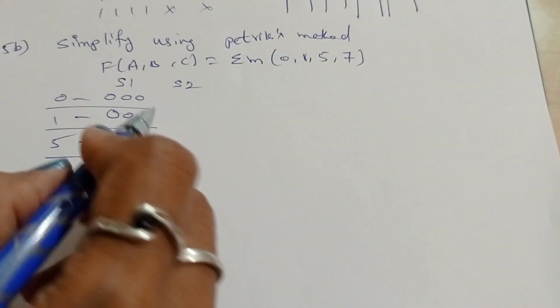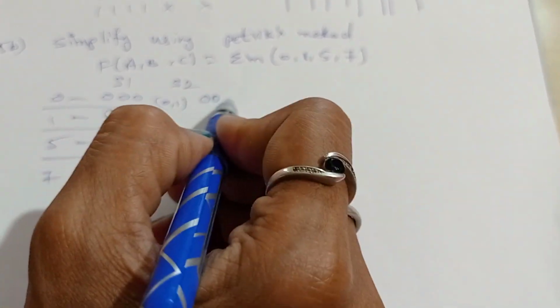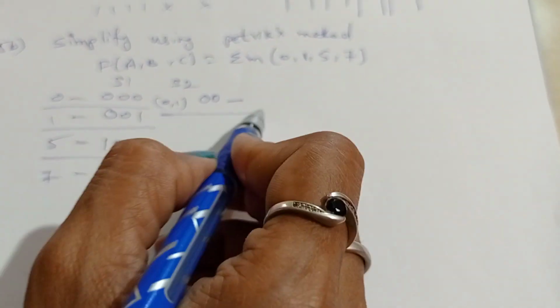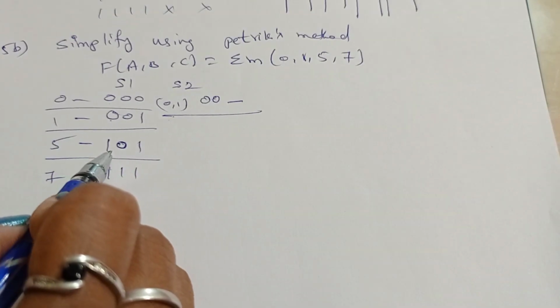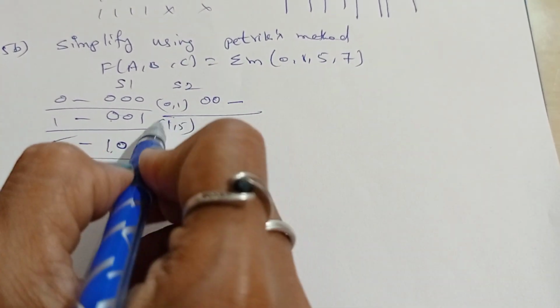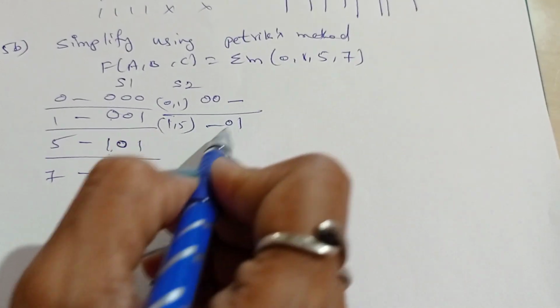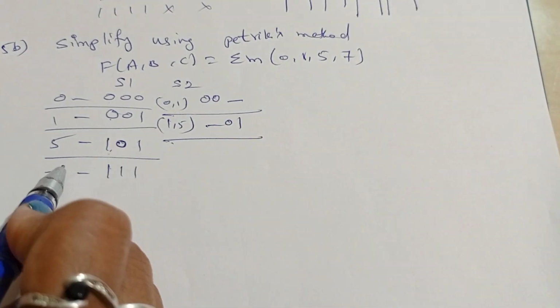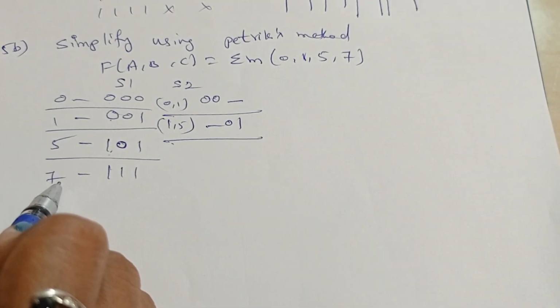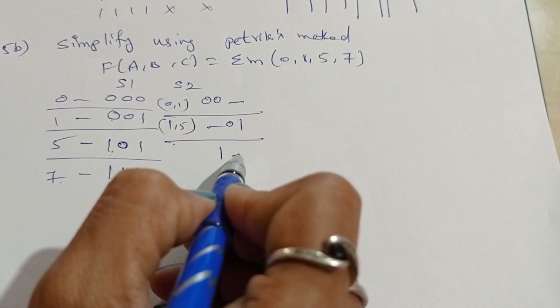This is stage 1. Now go for stage 2. So 0 with 1, 0 0 hyphen. Next 1 comma 5, hyphen 0 1. Next 5 with 7, 1 hyphen 1.